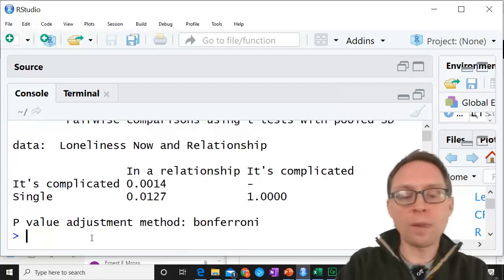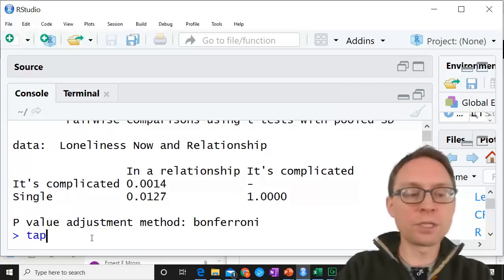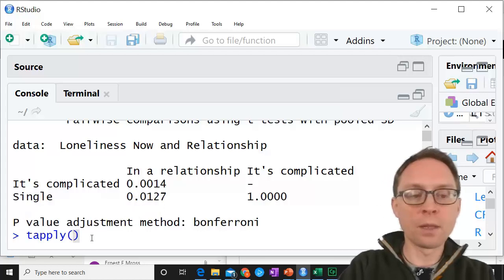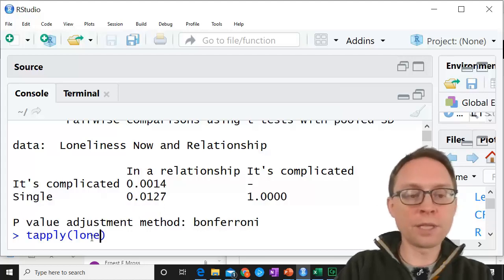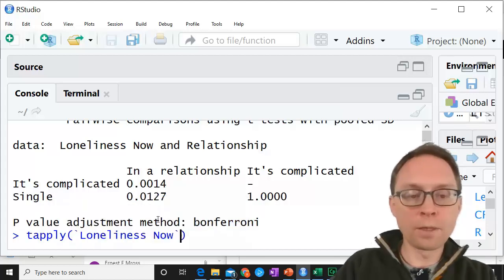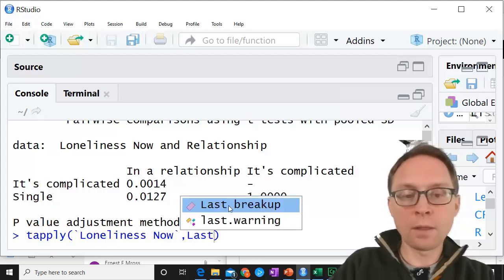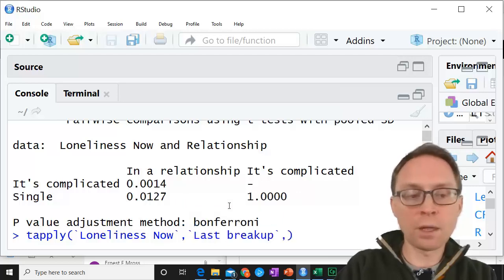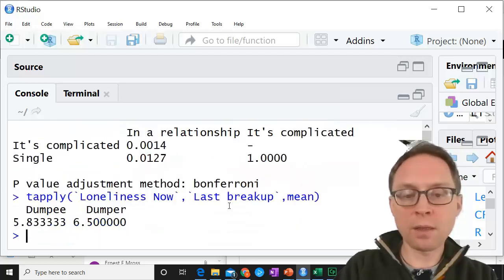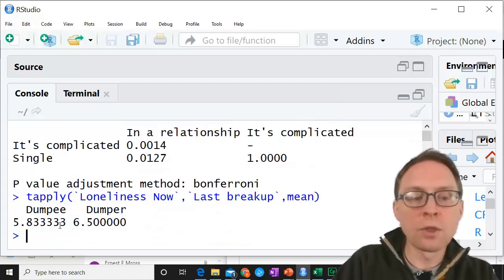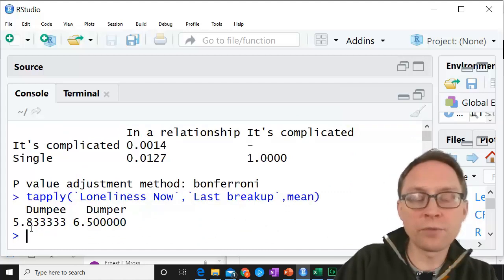We want to look at the other means. We go tapply. And again, loneliness now is the dependent variable. The other independent variable is last breakup. And again, we want it to tell us our mean. Now in this case, we know that these are not significantly different from each other.